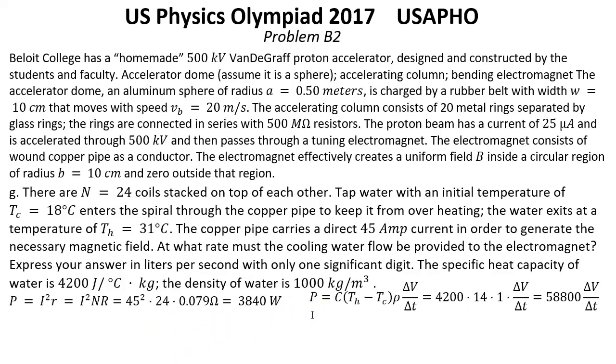This dissipated power must be equal to the heat capacity of water multiplied by the temperature difference, which is 31 minus 18, multiplied by the density of water and multiplied by the flow rate in liters per second. And now we can calculate this rate. That will be approximately 0.07 liters per second if we round it to the first digit. That was the answer for question G.